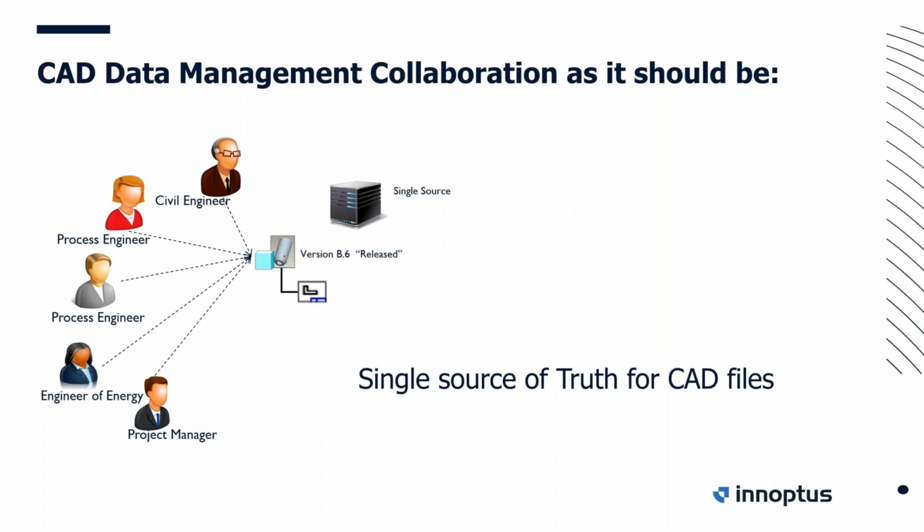So in this example, you have the latest released version of this drawing with this bush here, and no matter where you are in the organization, you always have the same latest version. So Windchill is the single source of truth for CAD files and also for other documents.